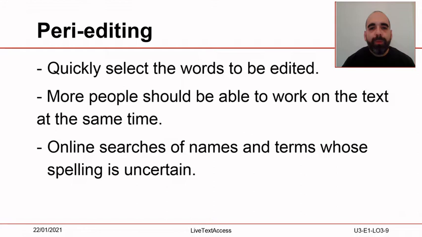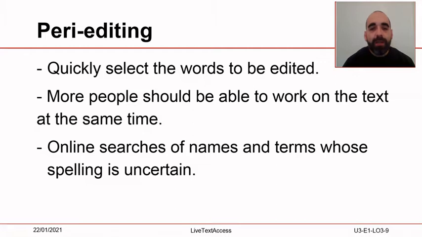When you are producing real-time intralingual subtitles, the editing software should make it possible to quickly select and edit any error. As it is quite common for two people to work together in real-time subtitling, the editing software should make it easy for them to work together.